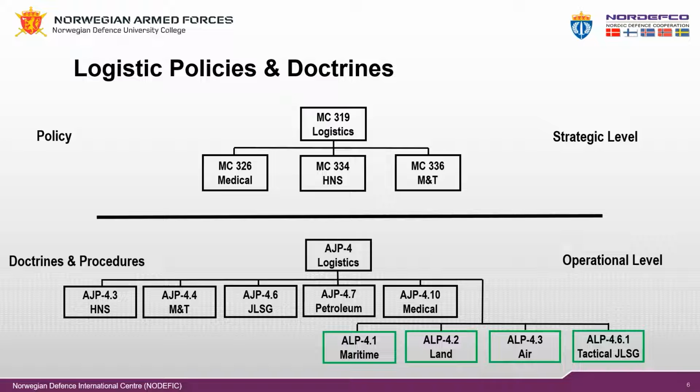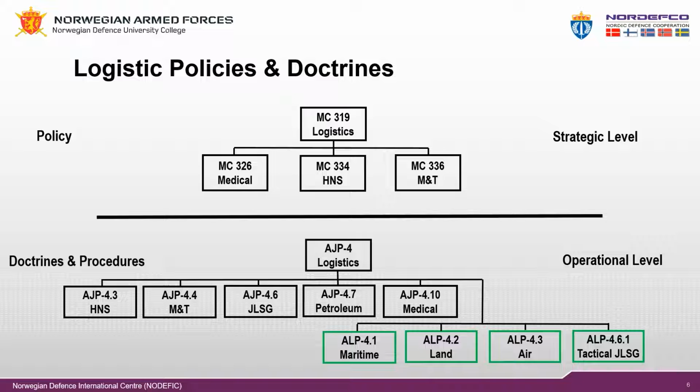As earlier mentioned, the Military Committee documents are on a strategic level and the Allied Joint Publications are on an operational level. Let's see how the Military Committee documents and the Allied Joint Publications are built up. When you investigate the index of a Military Committee document, you will find it's very similar to the index of the next document in line, the Allied Joint Publications.